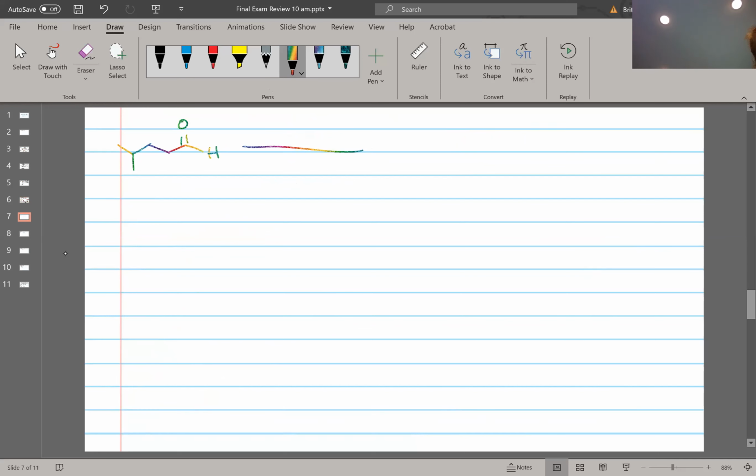So if we were doing this in base instead, we would start off by simply removing the alpha proton to create an enolate. I'm going to draw the carbanion form.